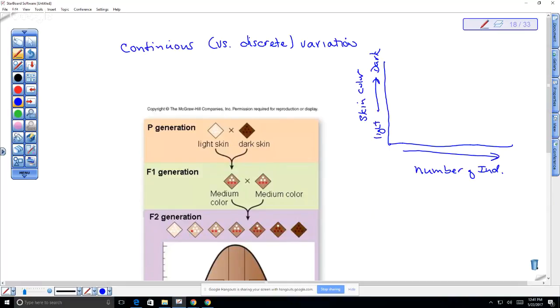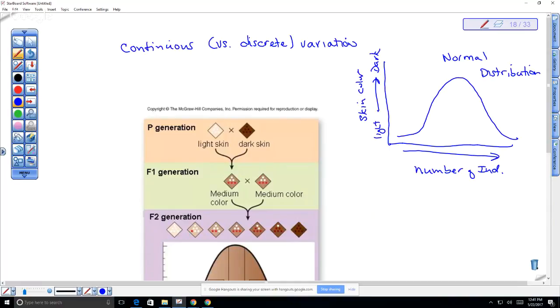Okay, so what we see with this continuous variation is a bell-shaped normal distribution. So this is what is called a normal distribution. Okay, so what that shows me is that there are a few light individuals.